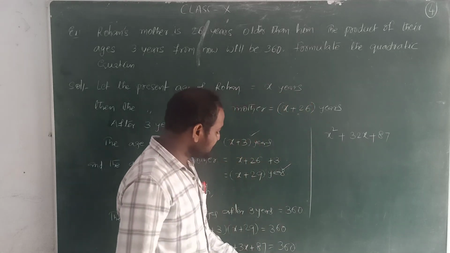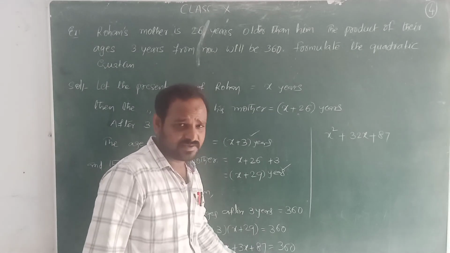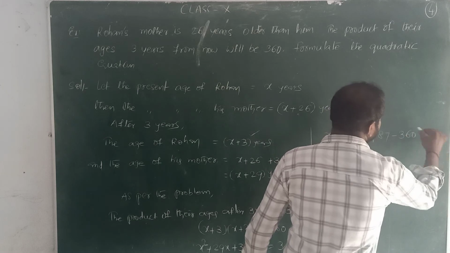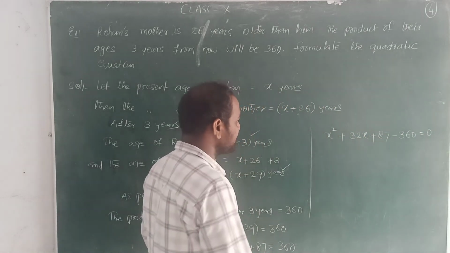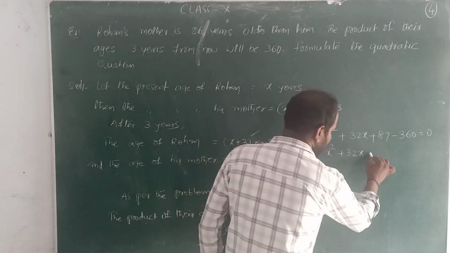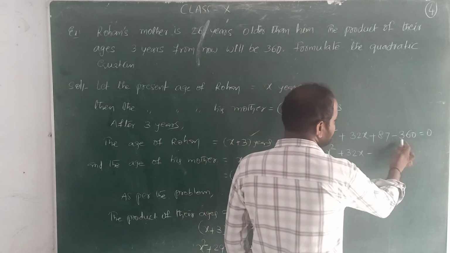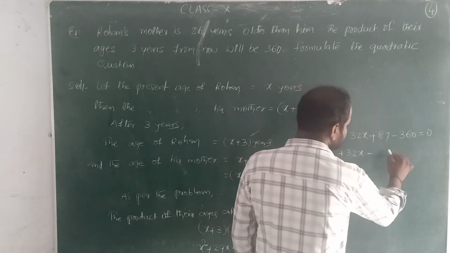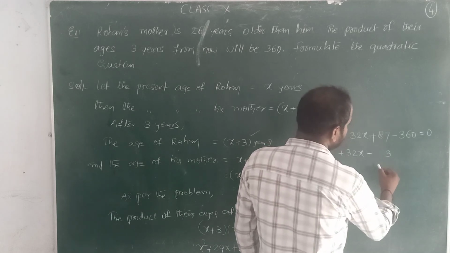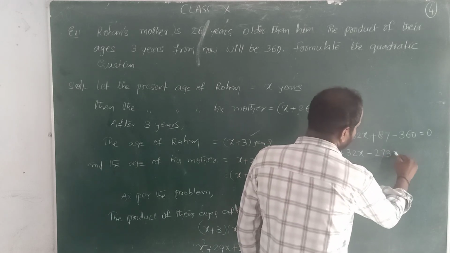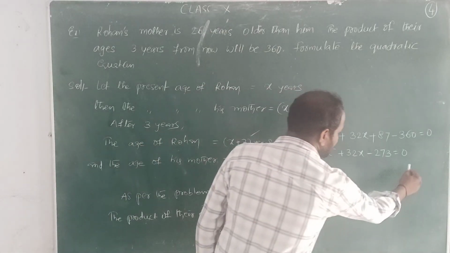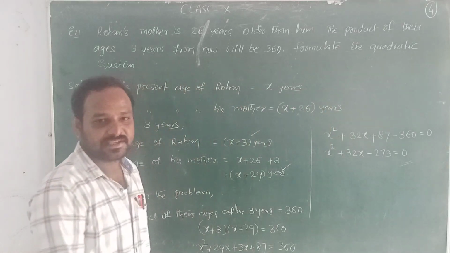So now we are going to transpose 360 from RHS to LHS. Then it becomes minus 360 is equal to 0. Now you can do the subtraction. X square plus 32x minus, here 360 minus 87, what it becomes? 273. So this is the required quadratic equation.